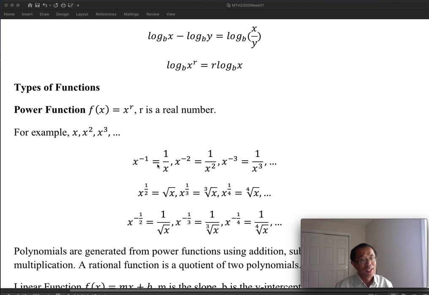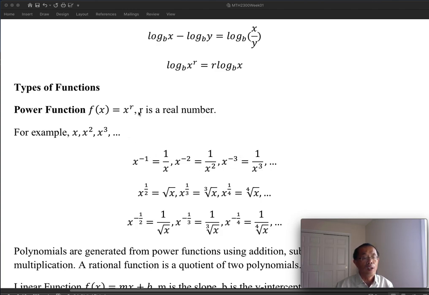But when we consider power functions, they are in the same family. We could also have x to the negative 2, that's 1 over x squared, and x to the negative 3, that's 1 over x cubed. They are different functions, but they are in the same family.